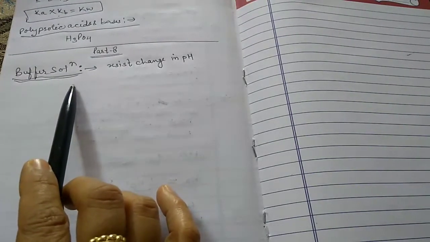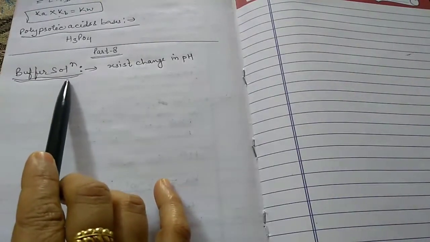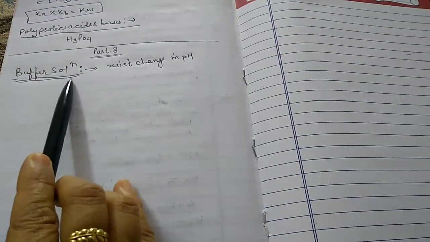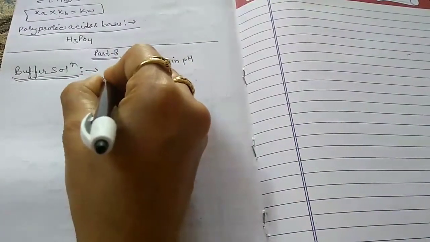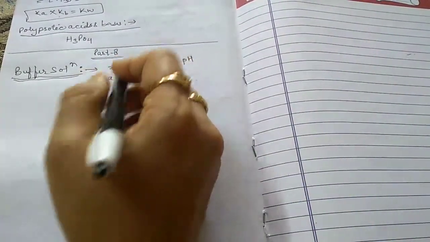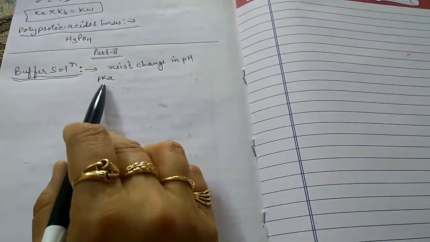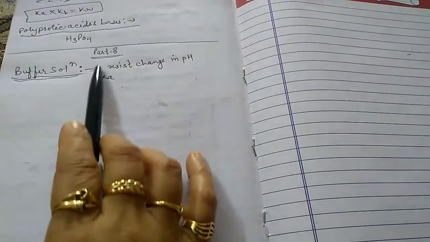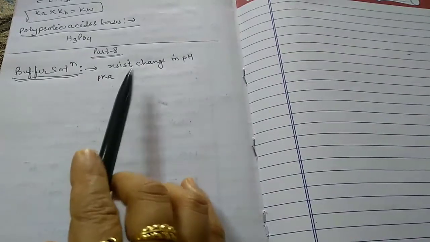This buffer solution of known pH can be prepared from the knowledge of the pKa of the acid or the pKa of the base, and by controlling the ratio of the salt and acid or salt and base.